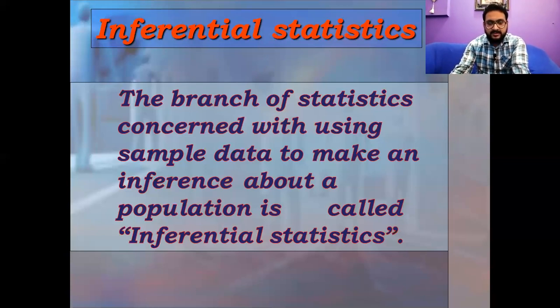Okay. Now what is the first important word? Sample data. Now move on: to make an inference about a population is called inferential statistics. The second term is very important: inference.